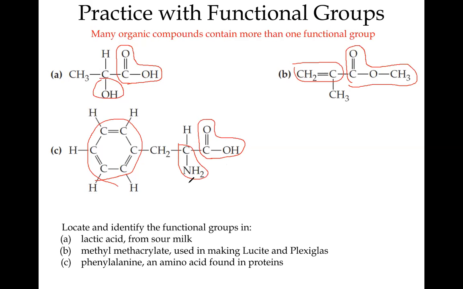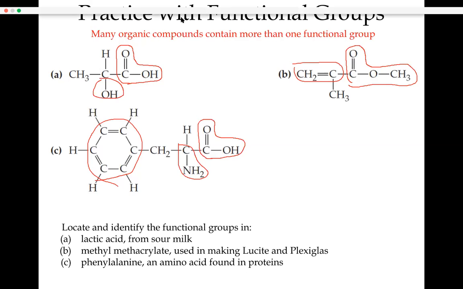So that's an amine group. And because it has an amine group here, and because it has a carboxylic acid group here, that's why this happens to be an amino acid. An amino acid has an amino group, an amine group, and a carboxylic acid group. And that's why it's called amino acid, which we'll get into next week when we talk about biochem.